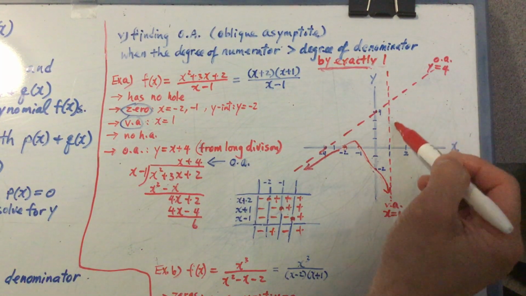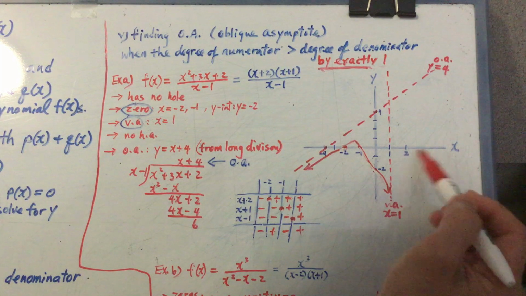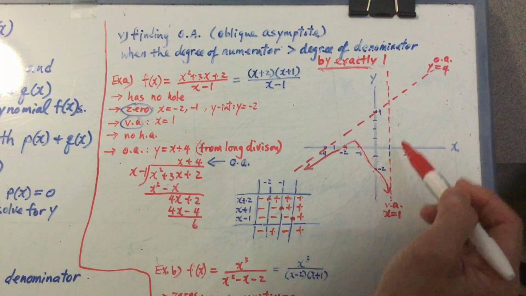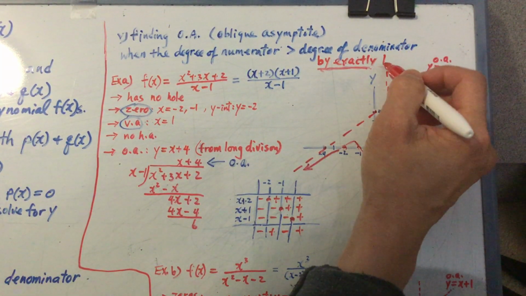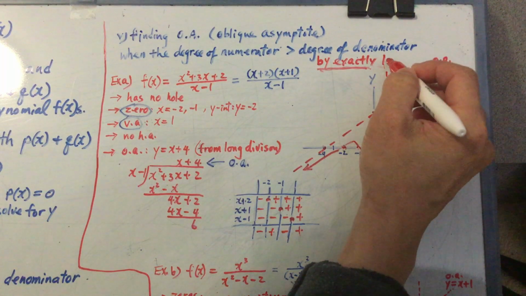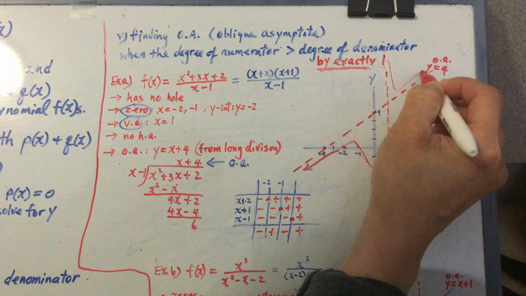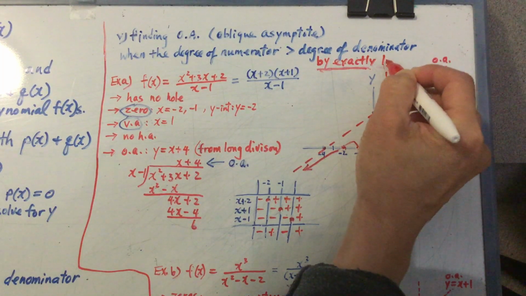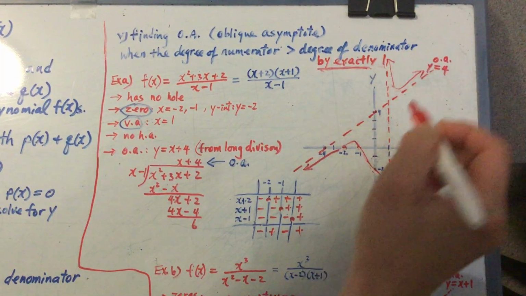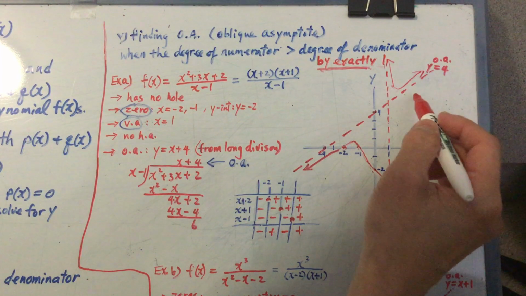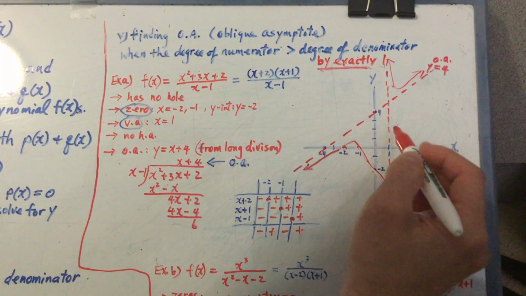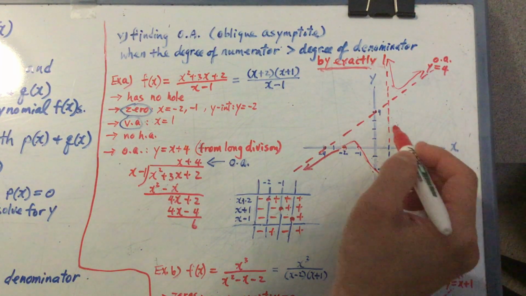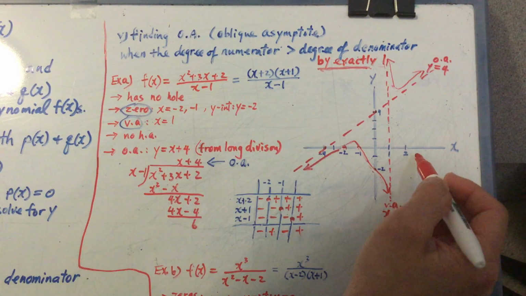I cannot have anything down here because I don't have another 0 down here. So it has to be somewhere up here, bounded by the oblique asymptote and the vertical asymptote like this. It wouldn't be up here because if I have something down here, this piece would have to cross the x-axis.